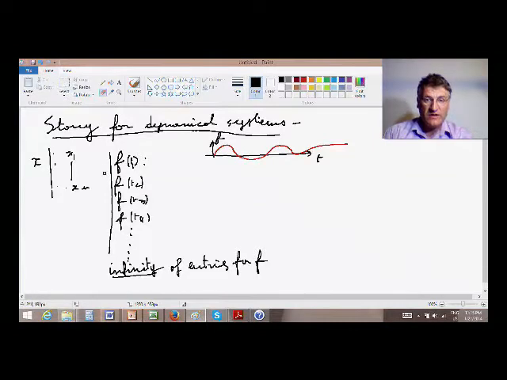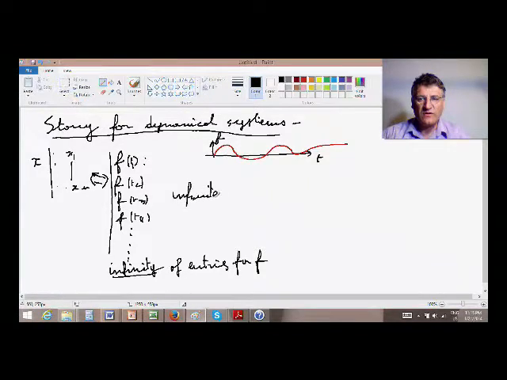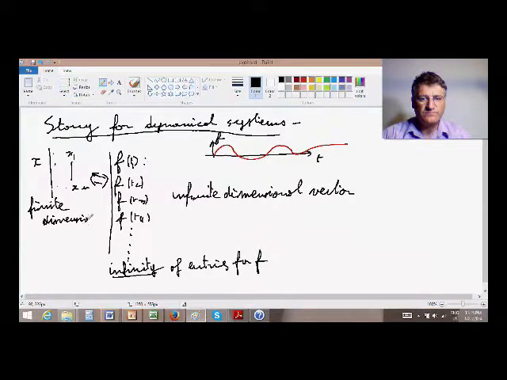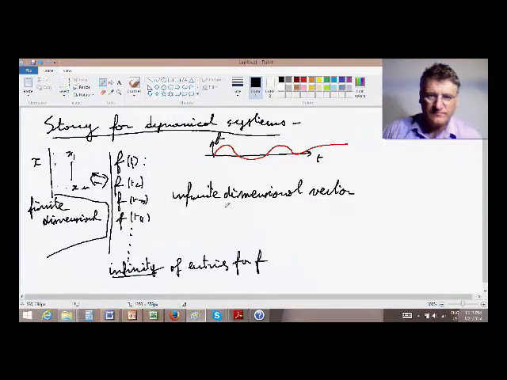That being said, that is the only difference between the representation of a finite dimensional vector and a function f, which is definitely an infinite dimensional vector, whereas this one is finite dimensional.